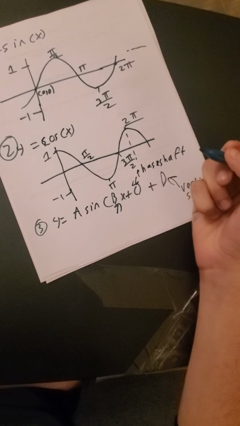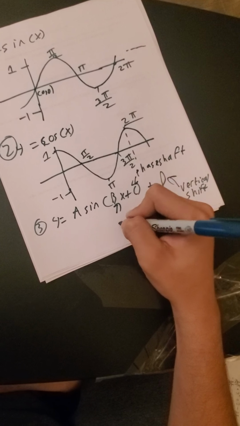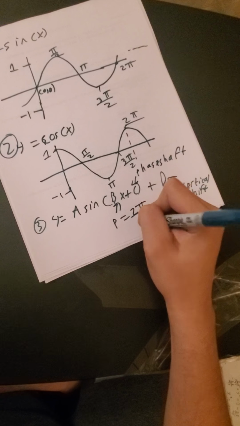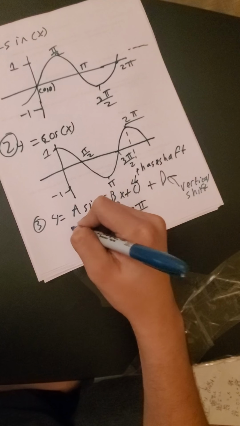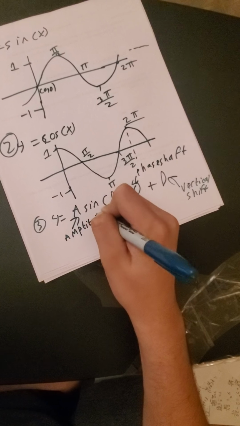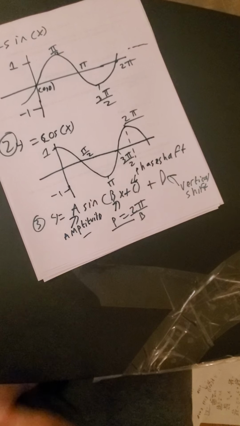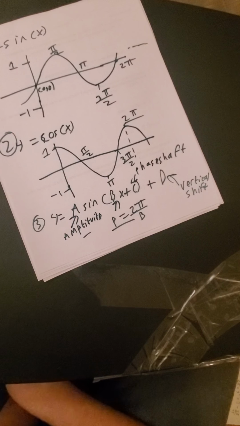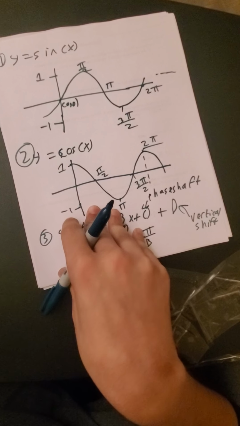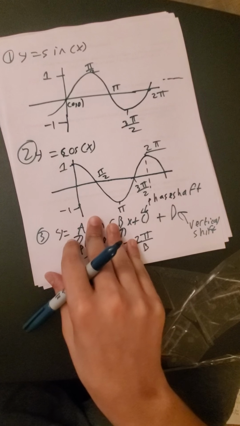B helps us find the period using the formula period equals 2 pi over b, and then a is simply the amplitude. These are the most basic information that you need to know. So let's use that information to solve question number 5.